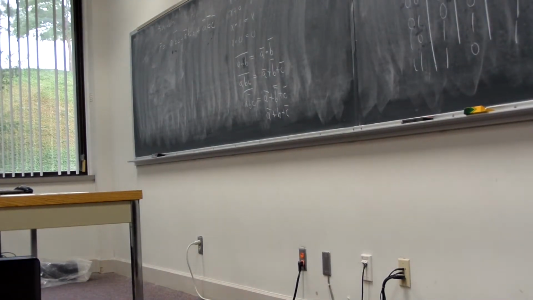Okay, so I could do a truth table, correct? How many rows in the truth table? 3. How many? How many rows in the truth table? 8. Why? Because 2 to the third is 8, one of those powers of 2.